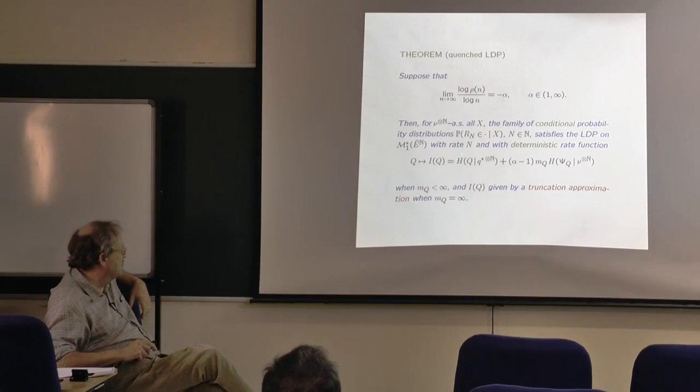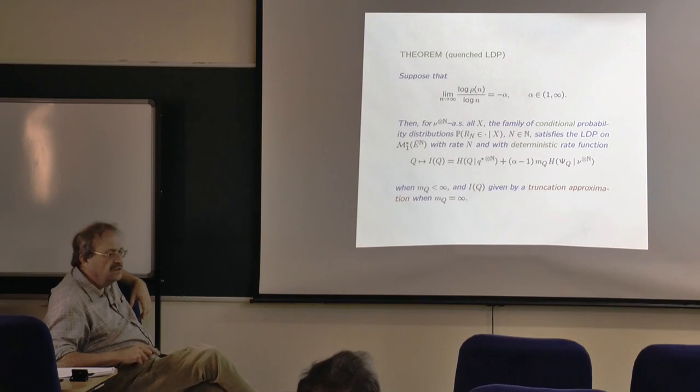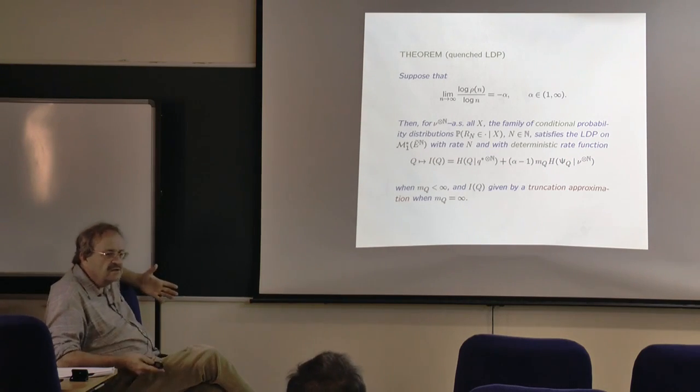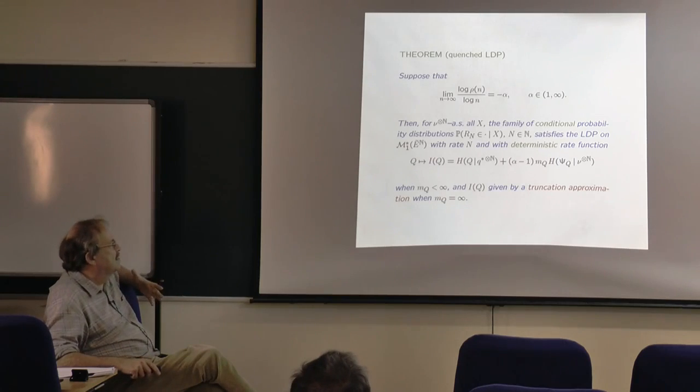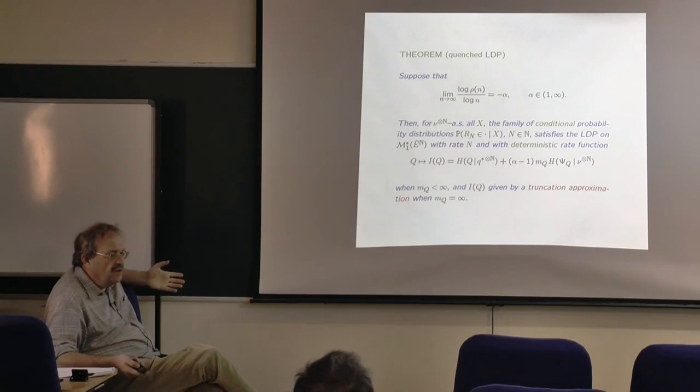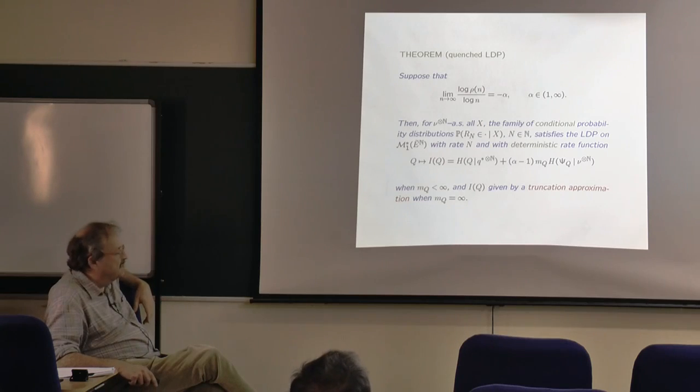Okay, the rate function is not particularly easy because these are specific relative entropies, and if Q is a very complicated thing, then psi Q is a very complicated thing, and these numbers are not easy to compute, but at least we have something in our hands. For most quenched models, you simply don't have anything except some kind of abstract thing.